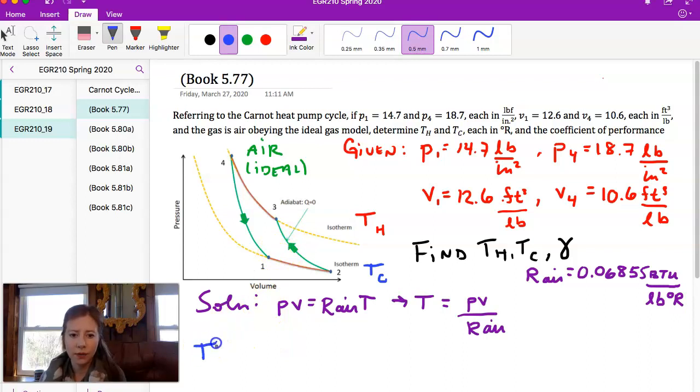Okay, so let's start with T1, which will be our cooler temperature. So T1 is going to be equal to P1 V1 over R air.